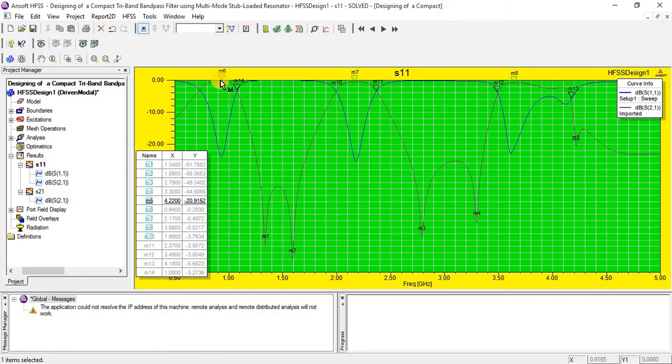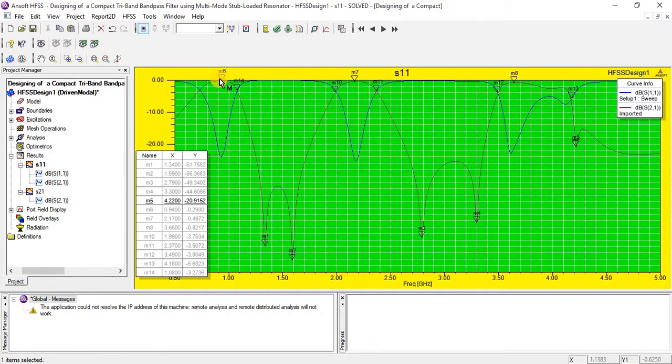Now look at the insertion losses. This is insertion loss. What is the definition of insertion loss? Insertion losses take place as a result of insertion of a load in a transmission line.